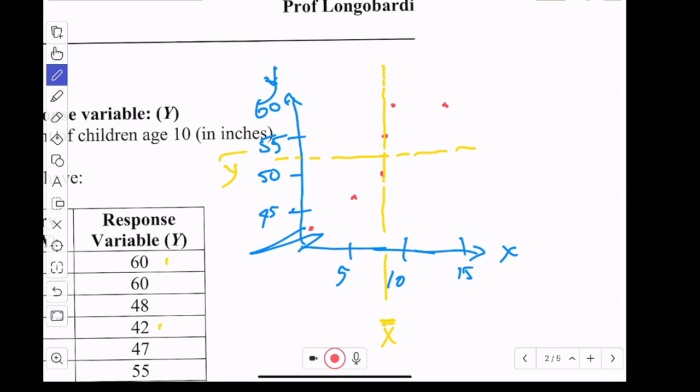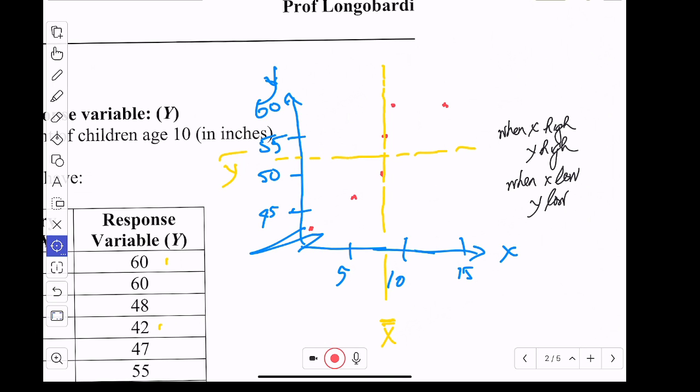So we say when x is high, y is high. When x is low, y is where? Hector tells us low.